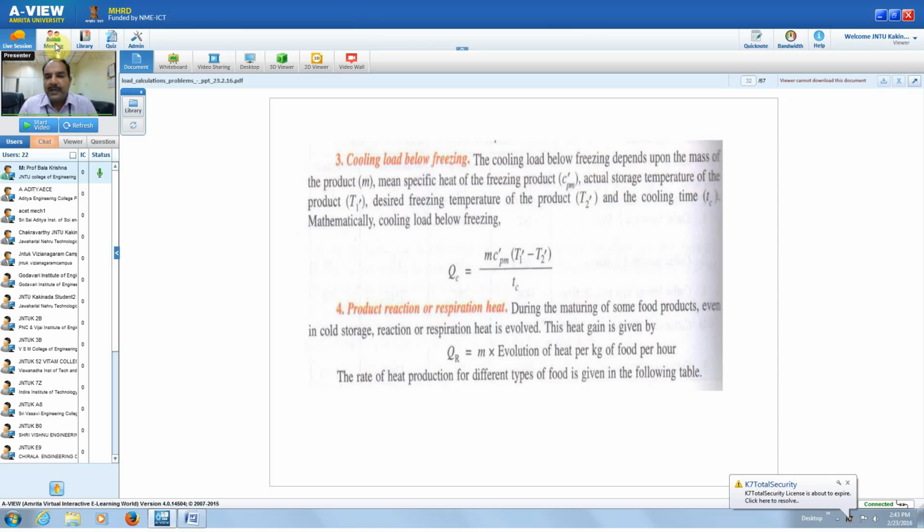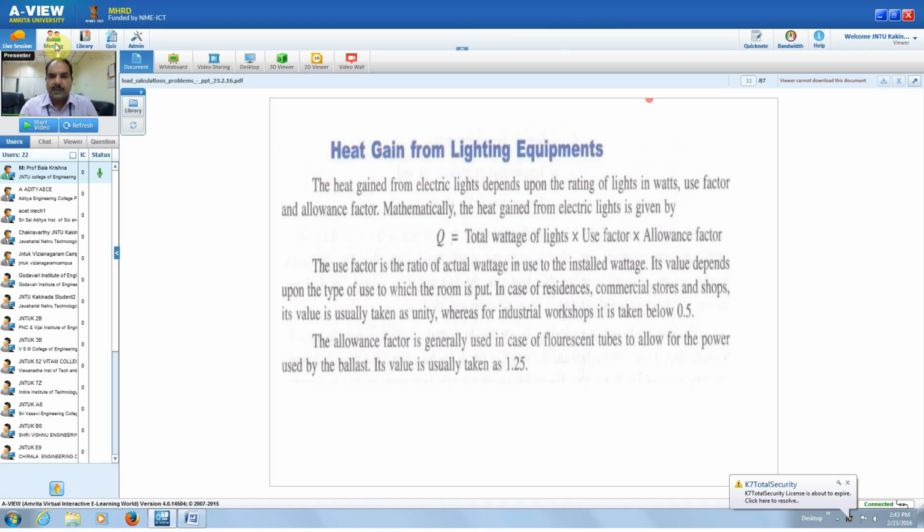This heat is given by Q equal to m into the evolution of heat per kg of food per hour. The rate of heat production for the different types of food is given in the following table. Okay, the table data may be very loose. For the syllabus, the table is not required.